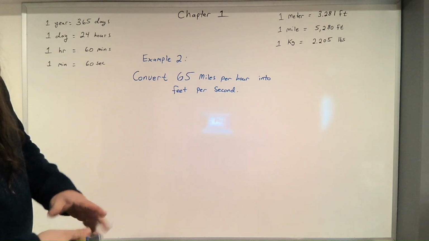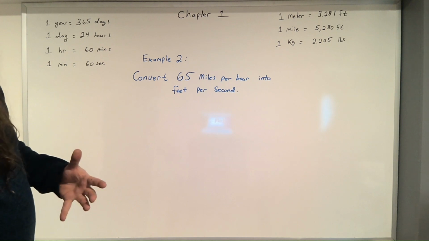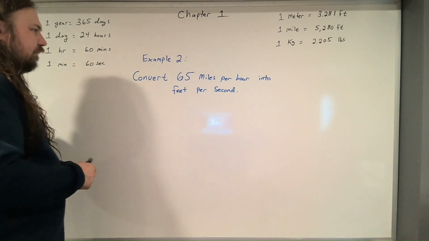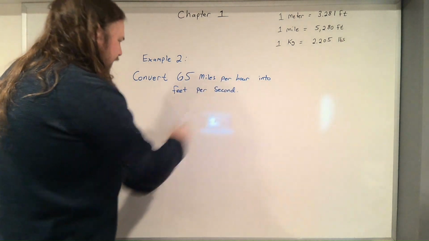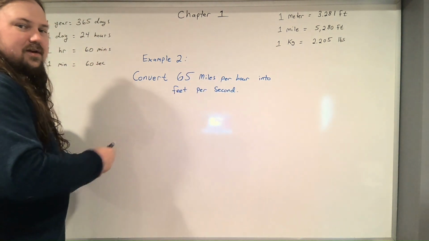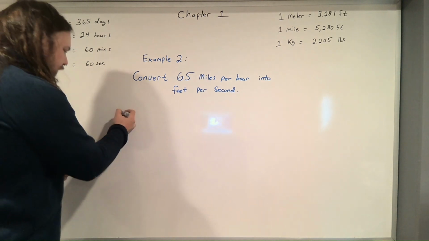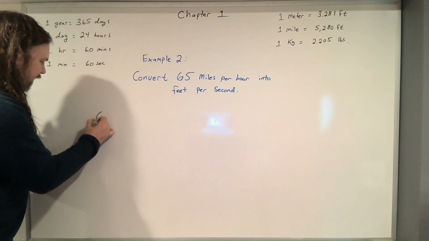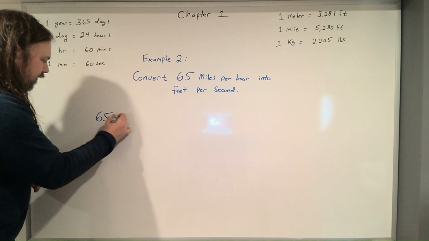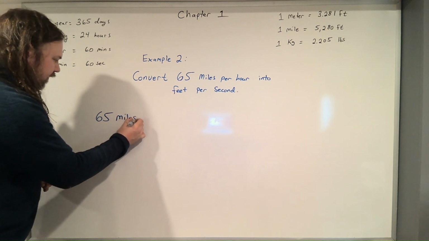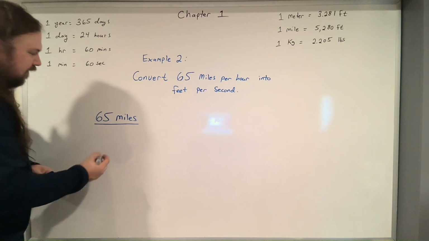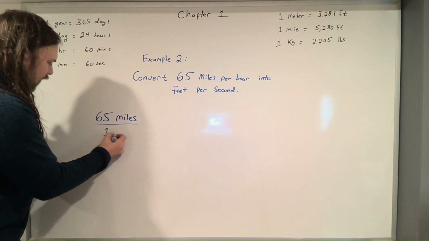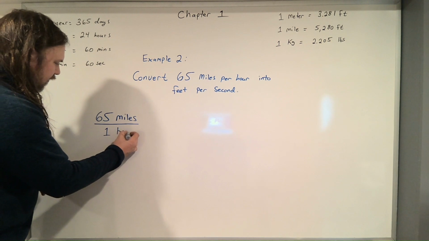Just like the first problem, I want to write down what I know and how I'm going to get there. So this says 65 miles per hour. So that is 65 miles for every 1 hour. So I can write that as 65 miles, and the per is always a division. It's 65 miles per 1 hour.